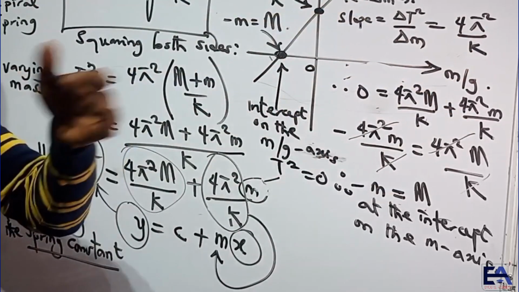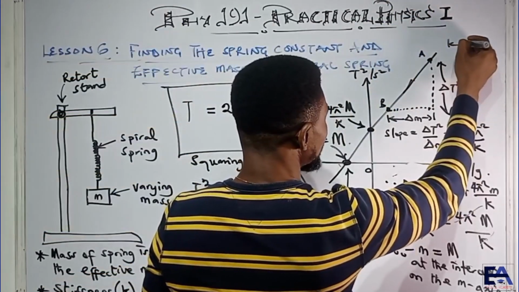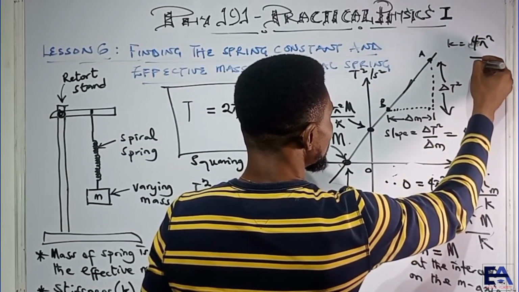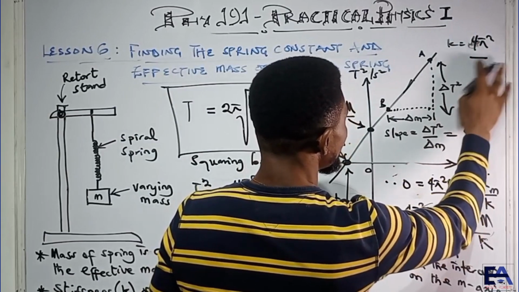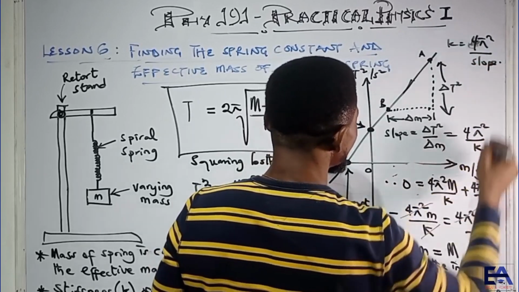All you just need to do is cross multiply. K will be equal to 4 pi squared over the slope, and then you are good to go.